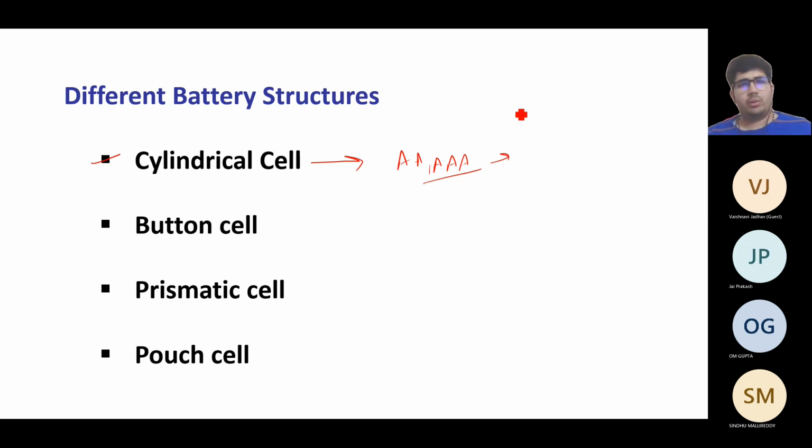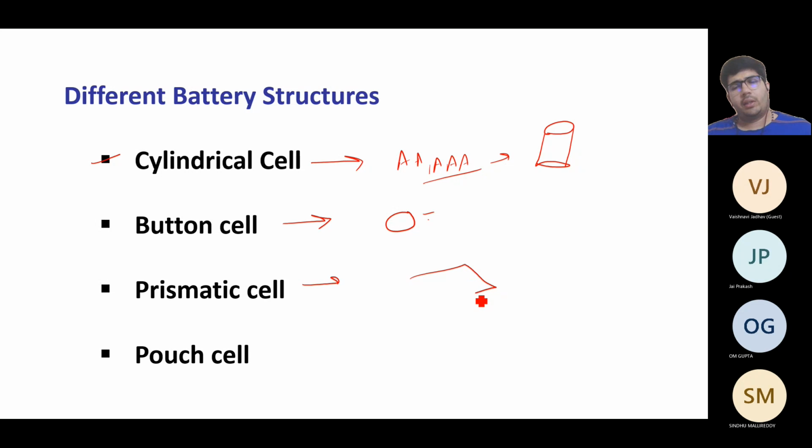These are basic cylindrical batteries. The button cell is mostly used in calculators and wristwatches. It's just a simple cylindrical cell.